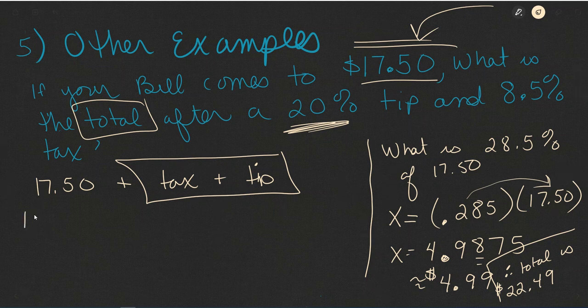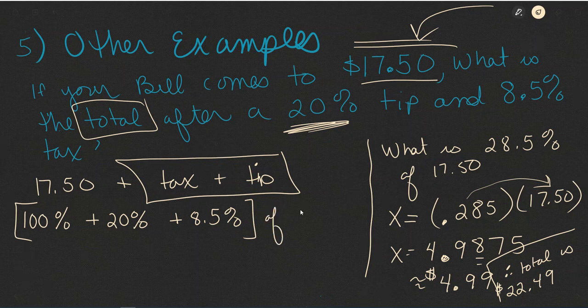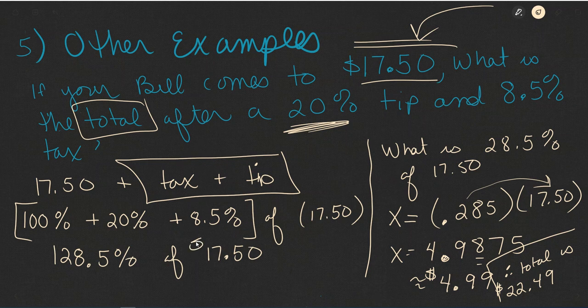If you recognize that you need to pay 100% of the bill plus 20% of the bill for tip plus 8 5/10% of the bill for tax, I could add these three together once to get 128.5% of 1750.